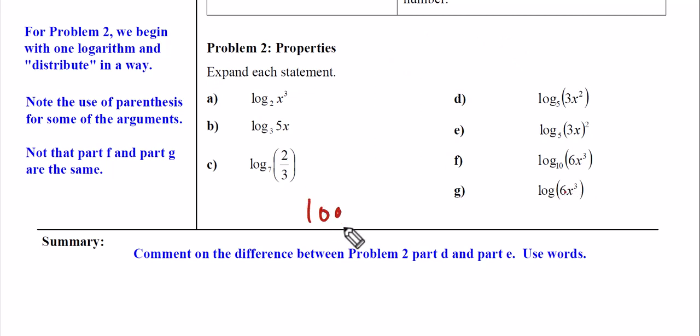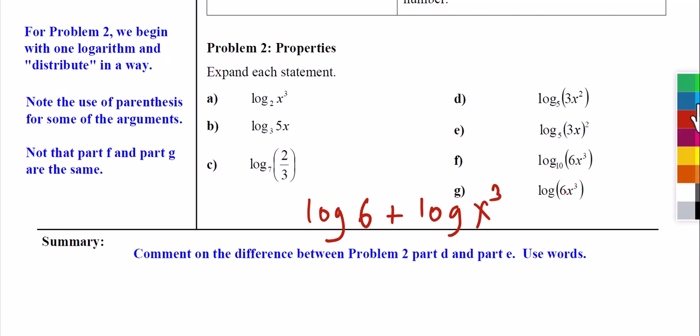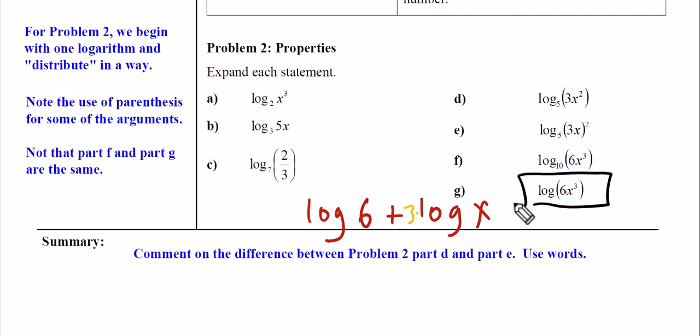That means I have log 6 plus log x to the 3rd power. And then I know there's a 3 on top of this x, so I can drop it in front. And I'm done with that problem. So I propose to you that log 6 plus 3 log x is the same as this logarithm right here. Great. Not a lot of math.